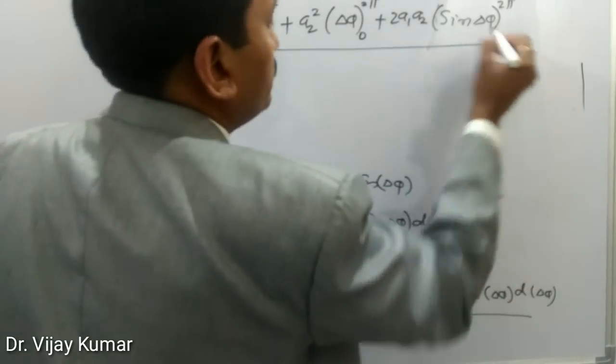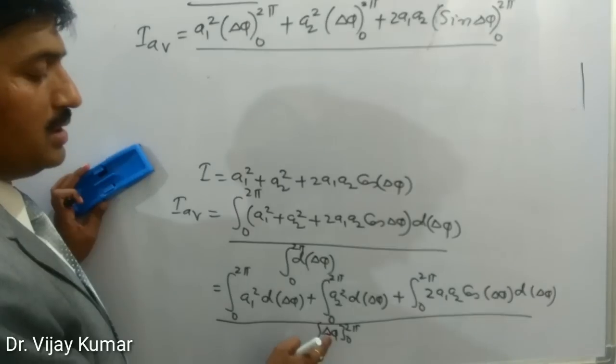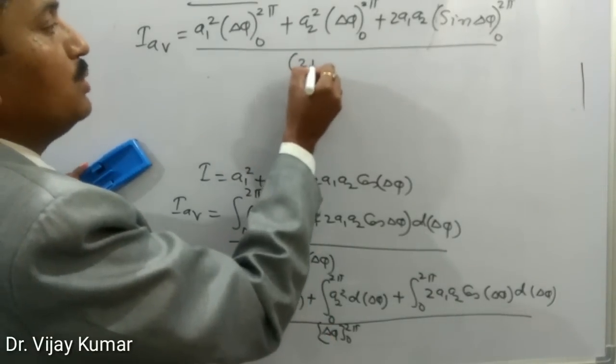If you put the limits in this delta phi, it should be the upper limit minus the lower limit.